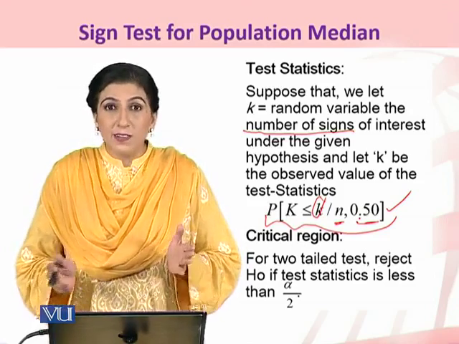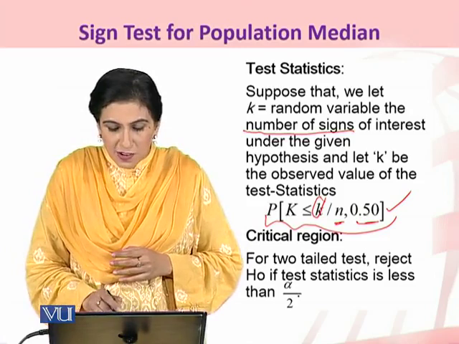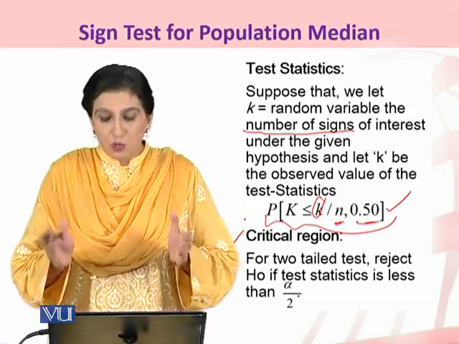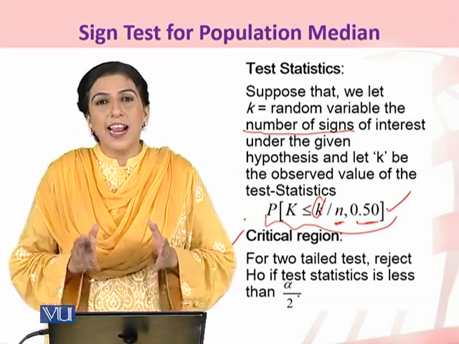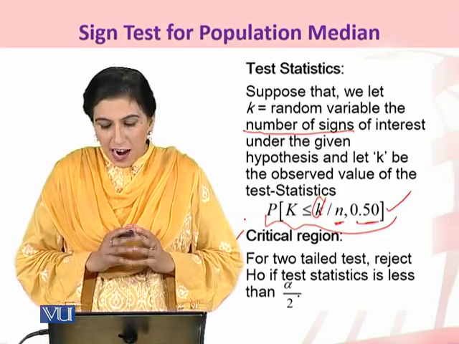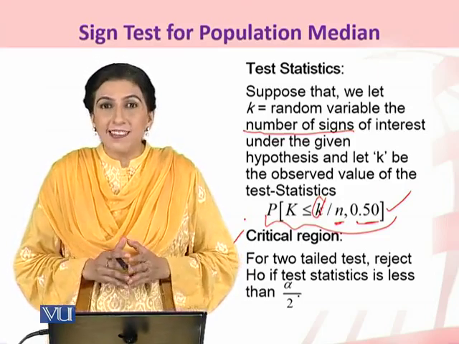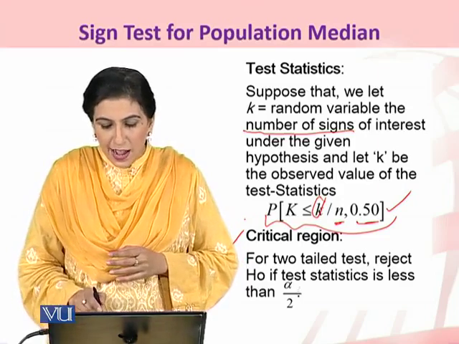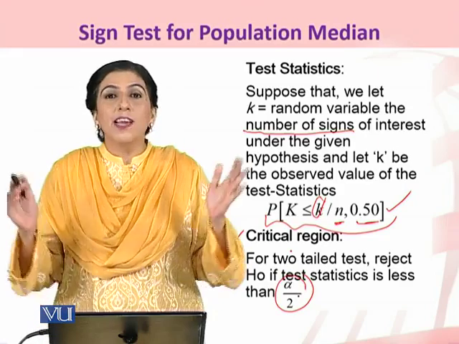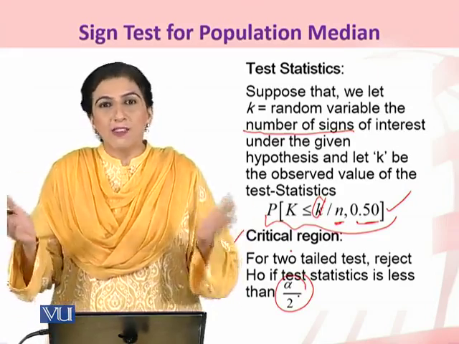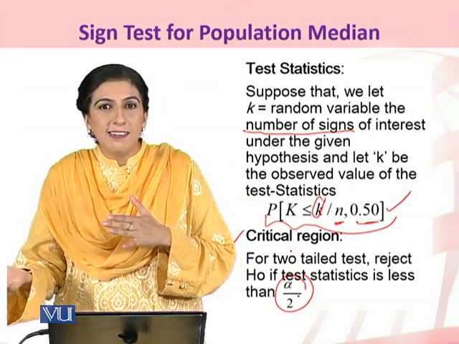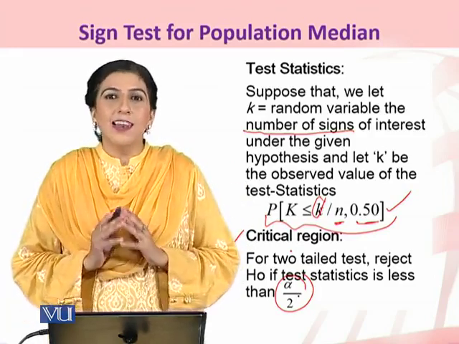So once you are done with the test statistic, students, आप critical region की तरफ आइए. For a two-tailed test, we will have to reject H0 if the test statistic is less than alpha by 2. Now, why alpha by 2? Because your probability of rejection lies on both sides, on the right hand side as well as on the left hand side.